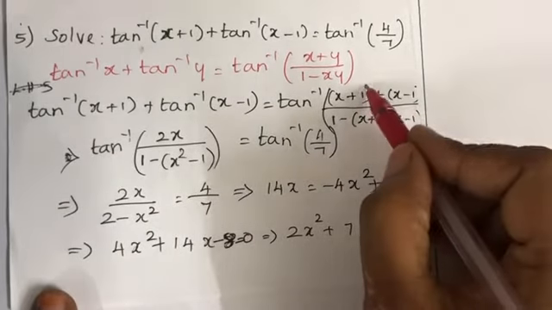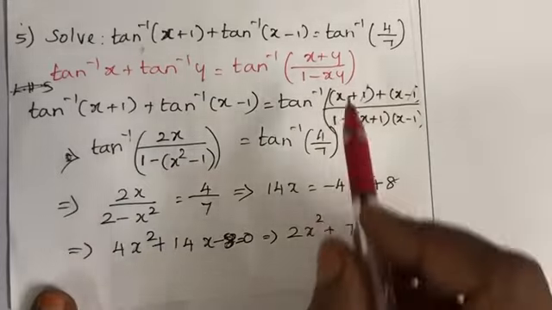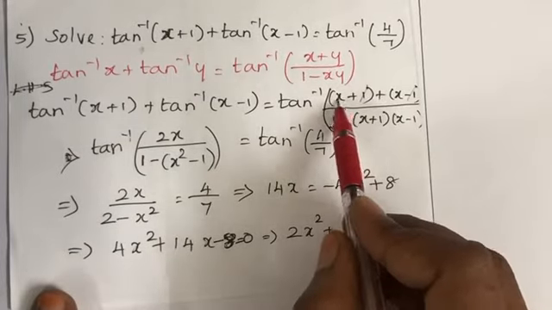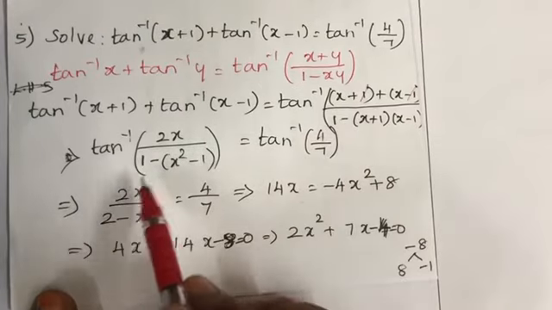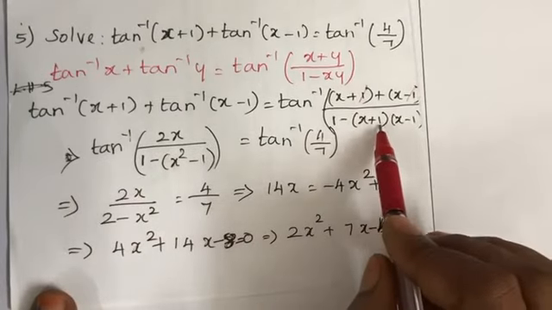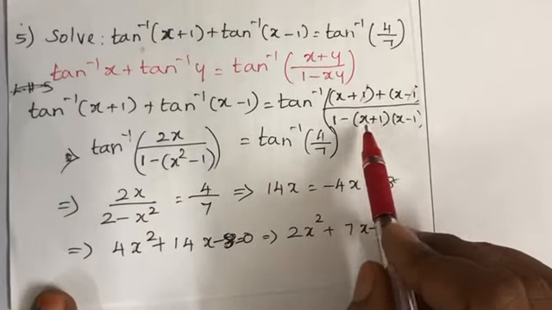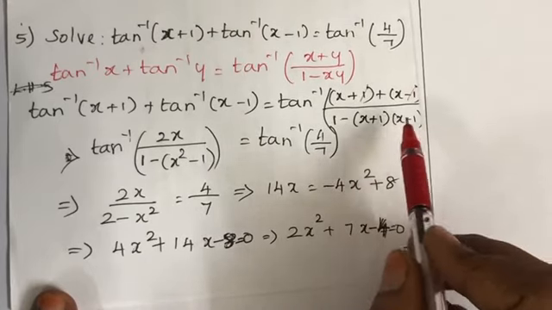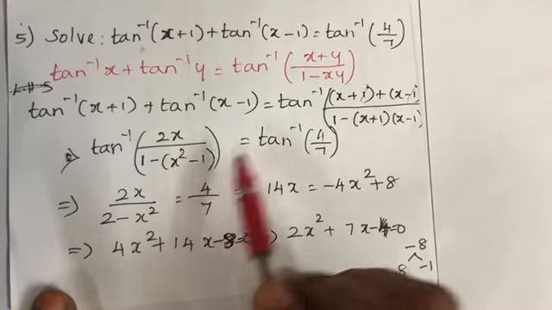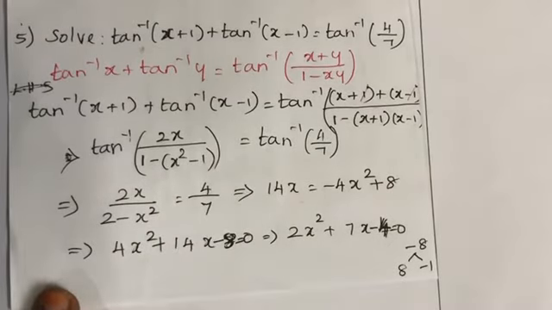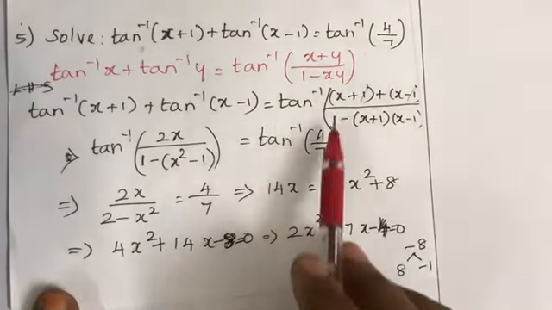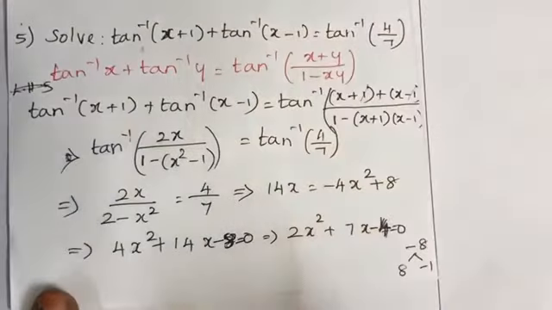So plus 1 and minus 1 will get cancelled, and in the numerator we have x plus x, that is 2x. In the denominator 1 minus, here x plus 1 into x minus 1, a plus b into a minus b, that is a square minus b square. Here x square minus 1. Okay, so that is equal to tan inverse of 4 by 7. We are bringing that also because we have to solve.